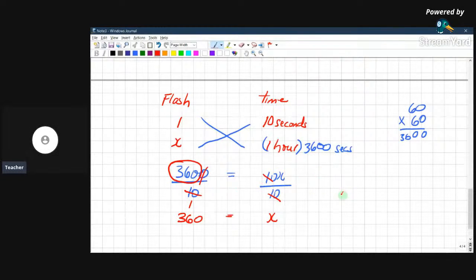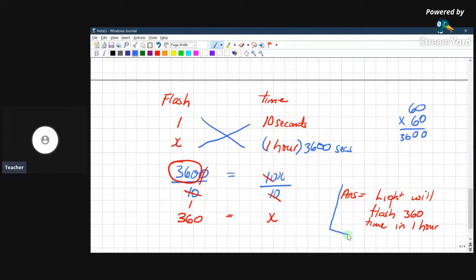So if we wanted to make that neater, we could say answer equals light will flash 360 times in 1 hour. Okay, and of course we put a nice little box around this so the examiner knows exactly what the answer is.